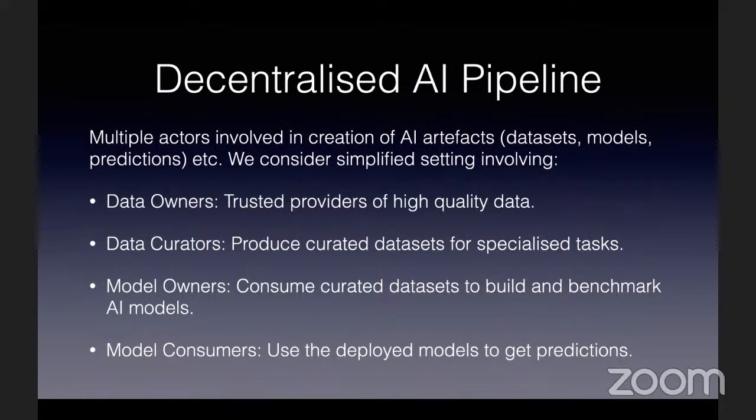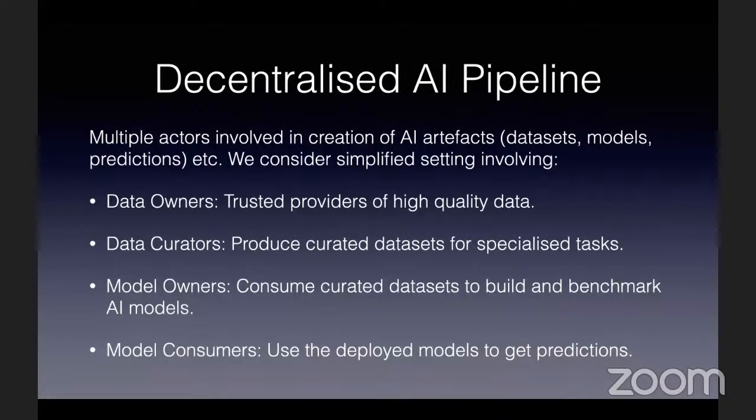There might be organizations that specialize in collecting high quality data, and then a next set of organizations who curate data from various sources and produce data sets for specialized tasks or specialized analysis.